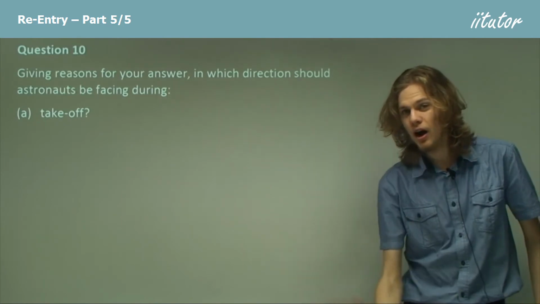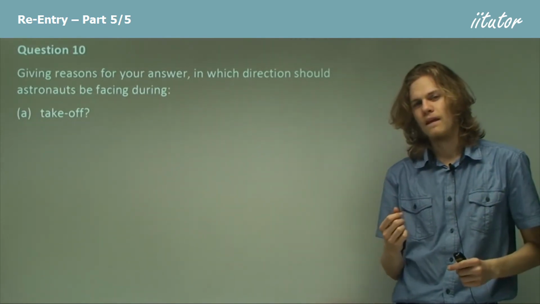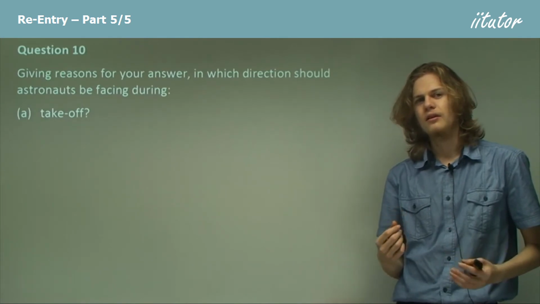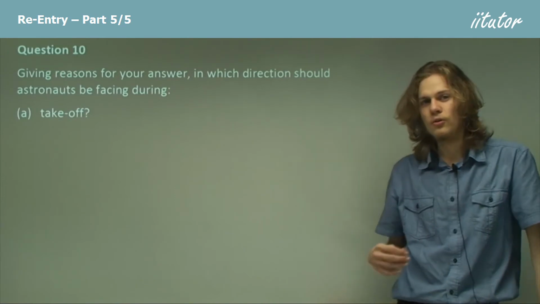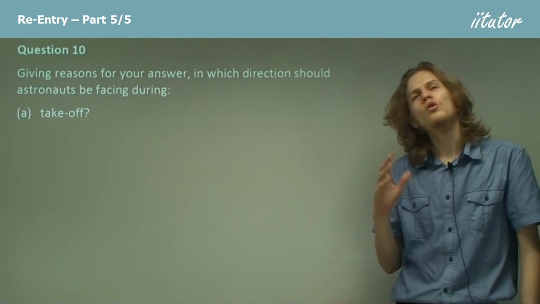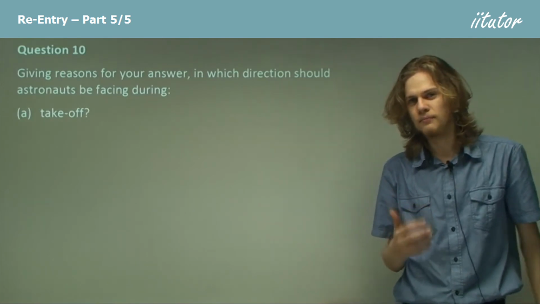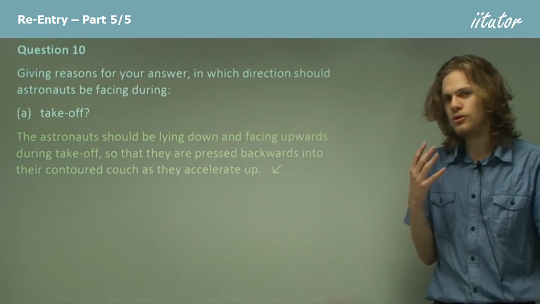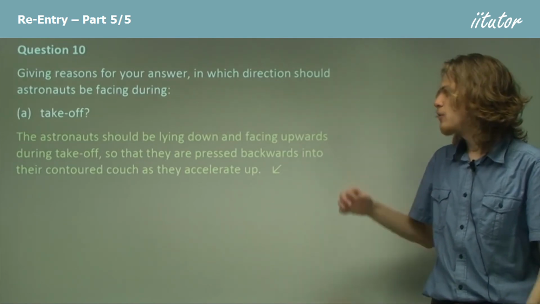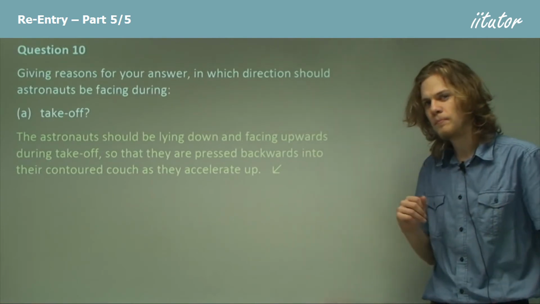Now, if we're launching upwards and we're accelerating upward, that means that the G-force will be acting downward. So, if we want to minimize the harmful effects, we ought to be facing upward in the same direction as the acceleration, right? So we should be lying down and facing upward during takeoff, so they are pressed backwards into the contoured couch as they accelerate upwards.